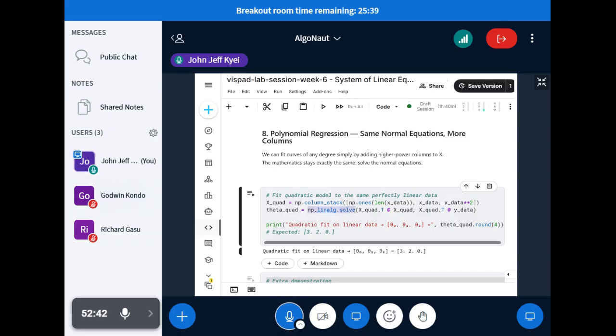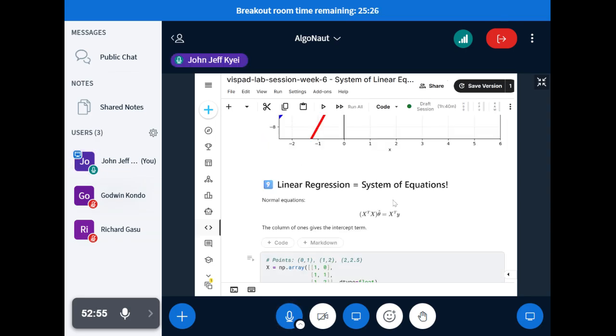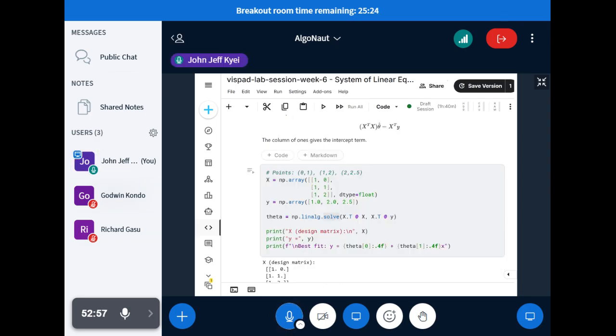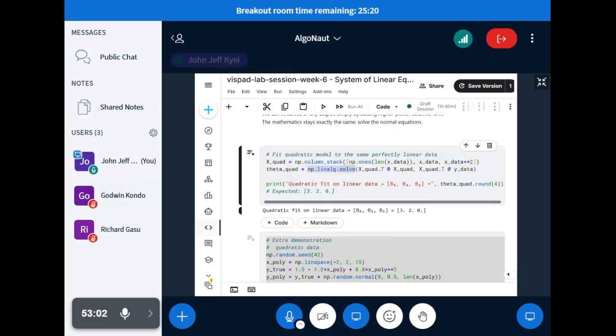We are solving using the least squares normal equation that we have in the first one, this equation. So even though it's a quadratic model, the system will still solve cleanly, using the same normal equation that we used for the linear model.